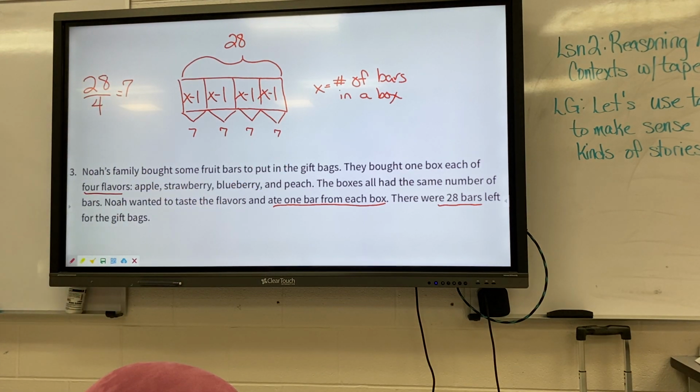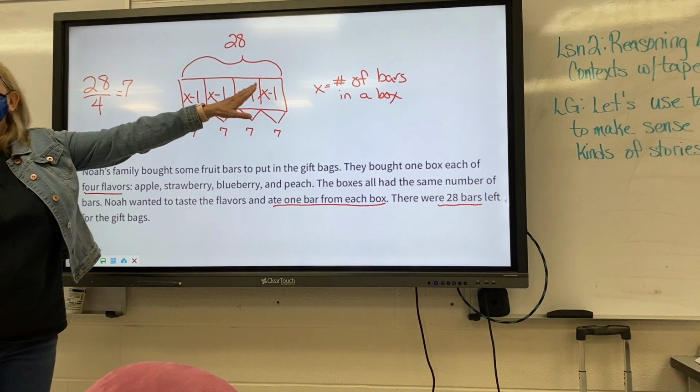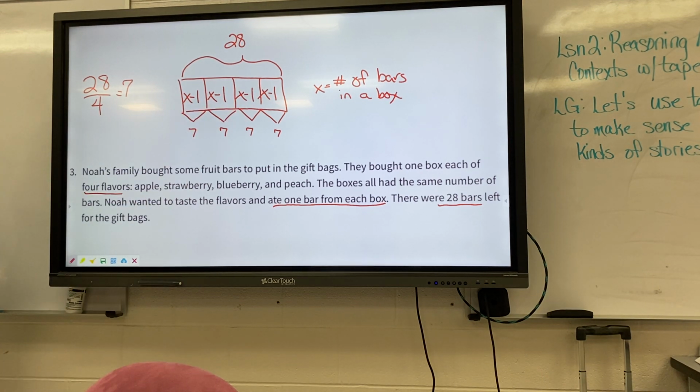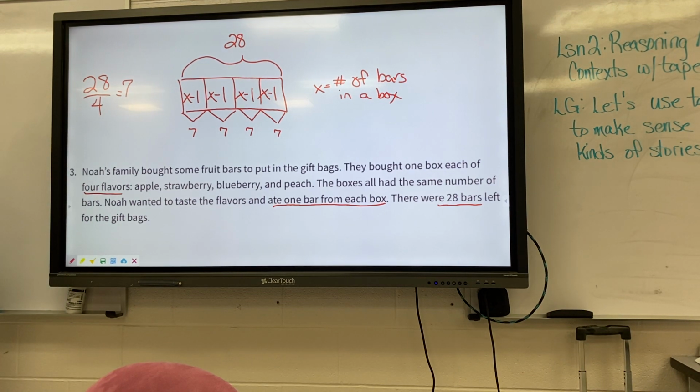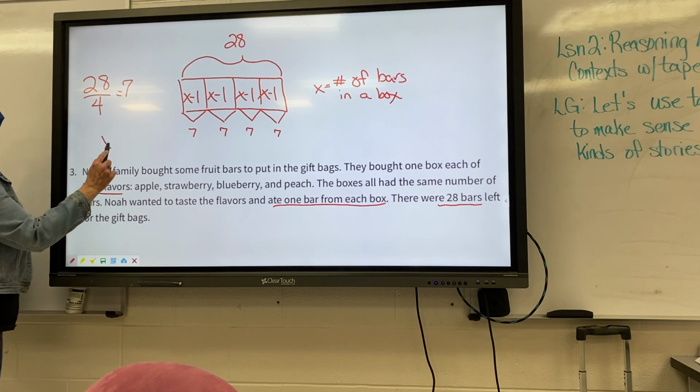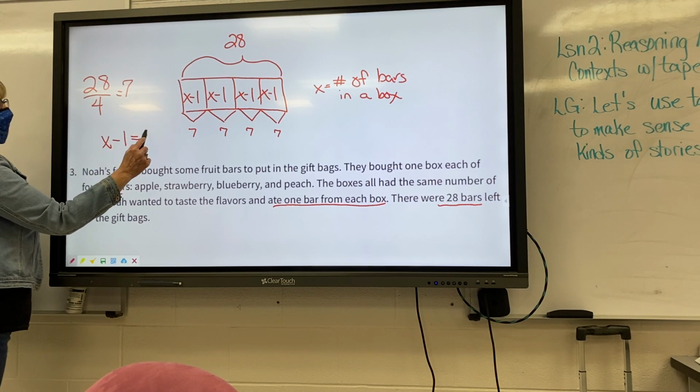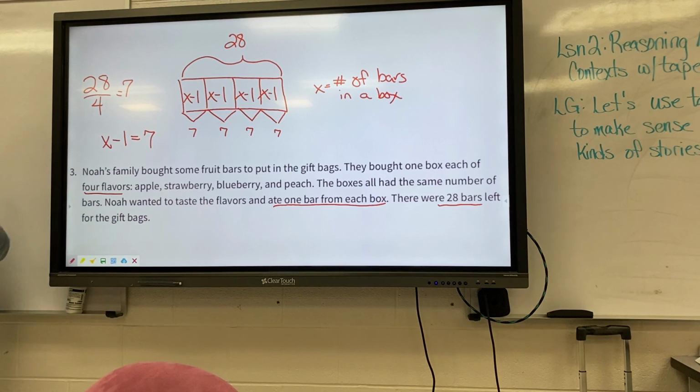Does that make sense? Yes. Do you see the 4 groups of x minus 1? Okay, so we figured out what one group would be worth. Okay, so if we want x minus 1 to equal 7, what is x going to be? What minus 1 equals 7? So 8.